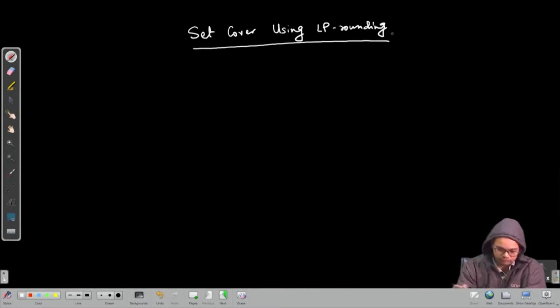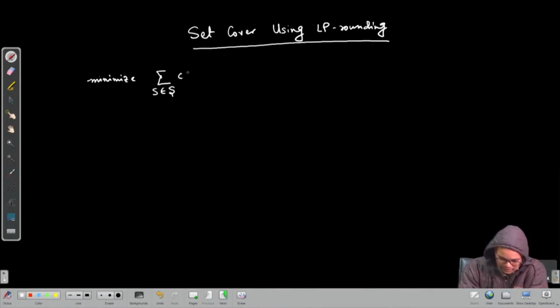So let's recall what was the linear programming formulation. The ILP was minimize summation of S in script S, C of S, X of S. Recall X_S takes value 1 if the algorithm picks it, otherwise it is 0.